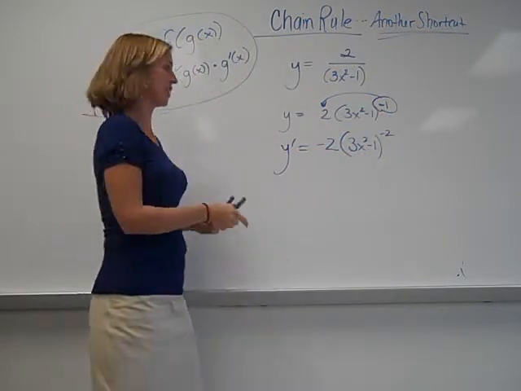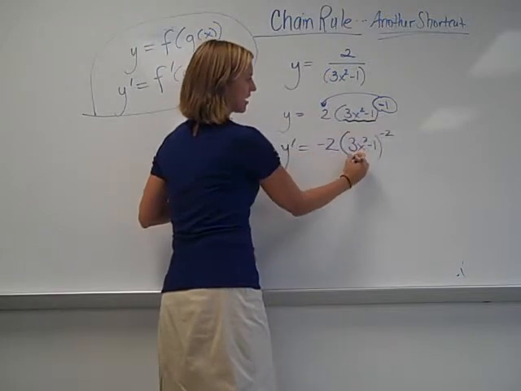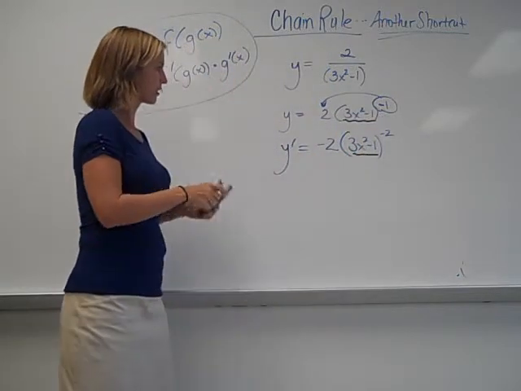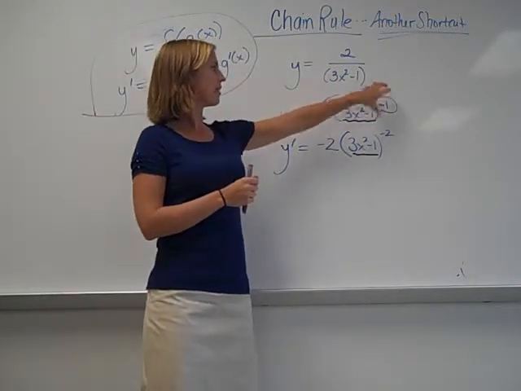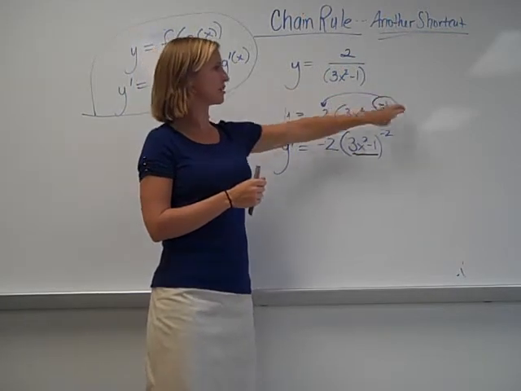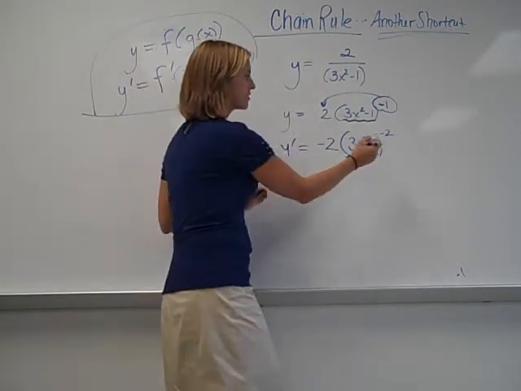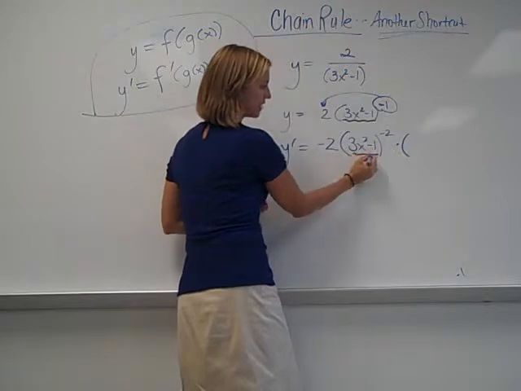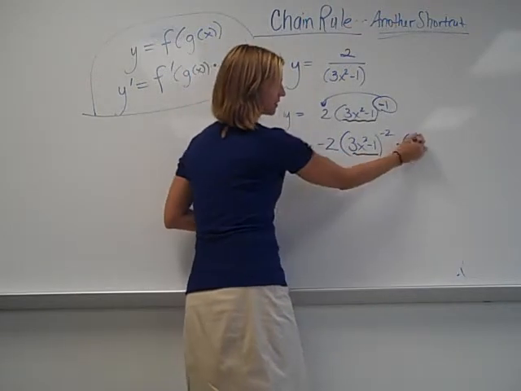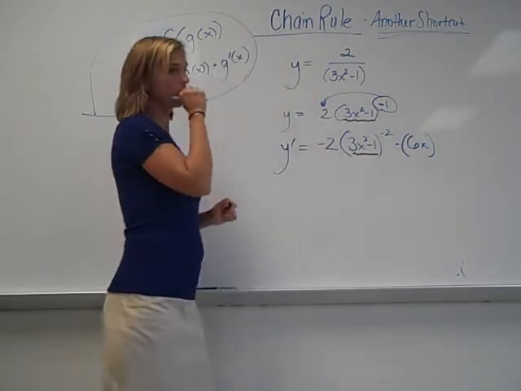So far nothing has changed. This is the inside thing. I've taken the power to the front, left this alone, changed the power. But then I have to multiply by the derivative of the stuff I've underlined in black. So 6x.